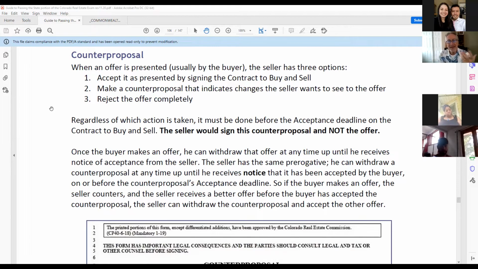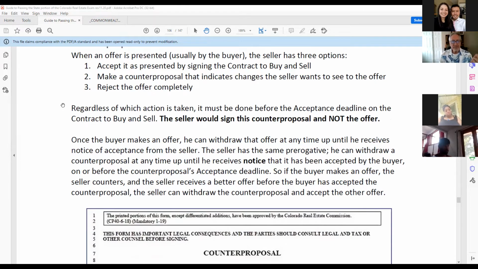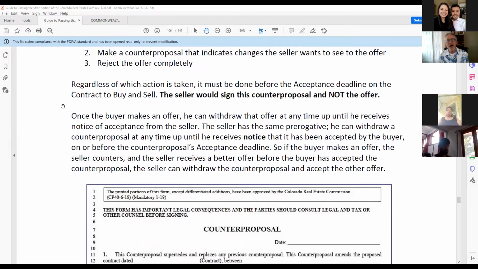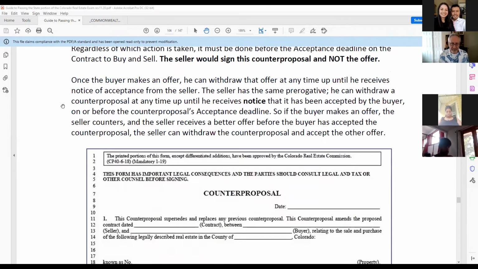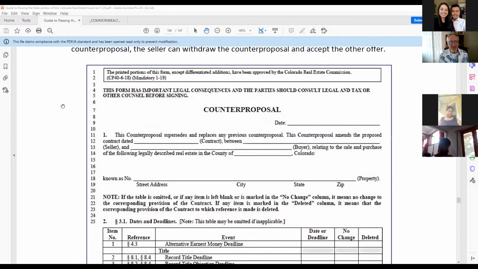Now, remember, a counter proposal in essence is a new contract. Okay, it's a new contract. So counter proposals change something in the original contract. Here's your counter proposal form.